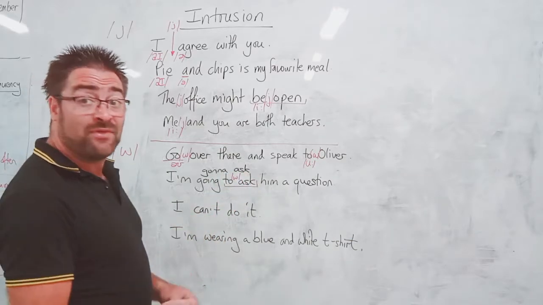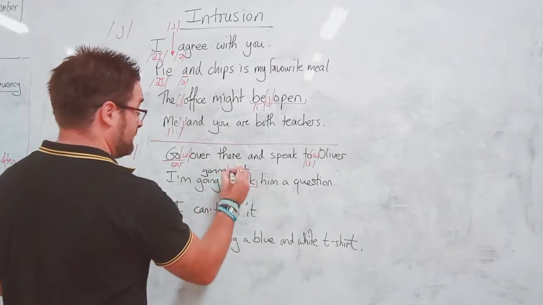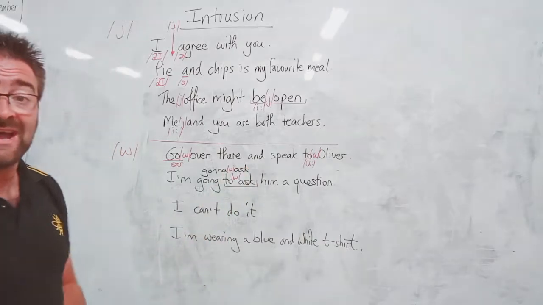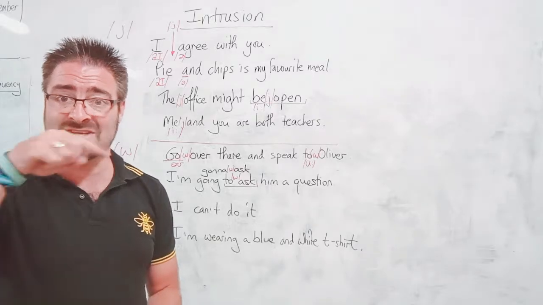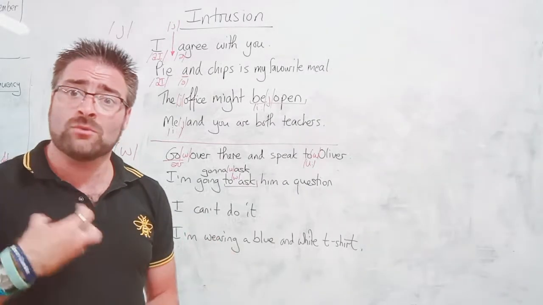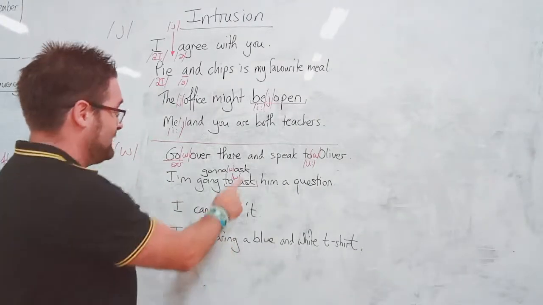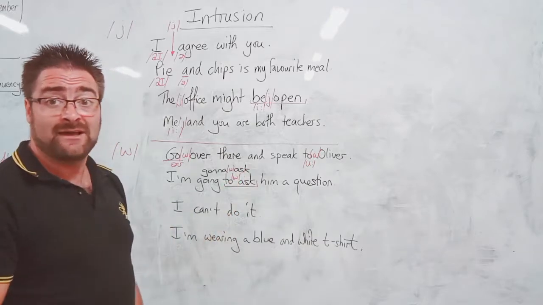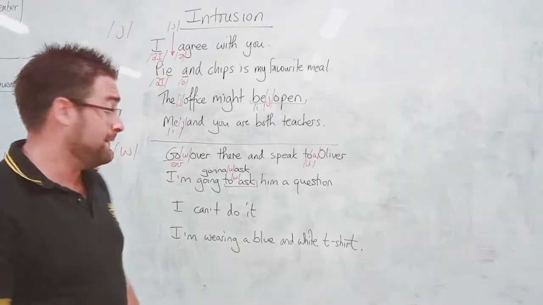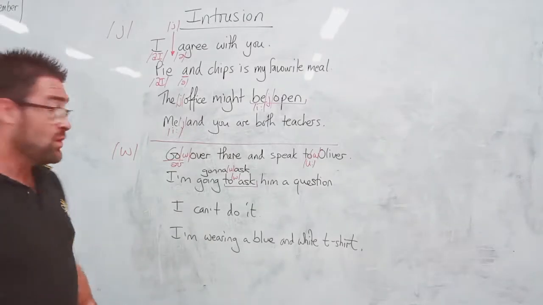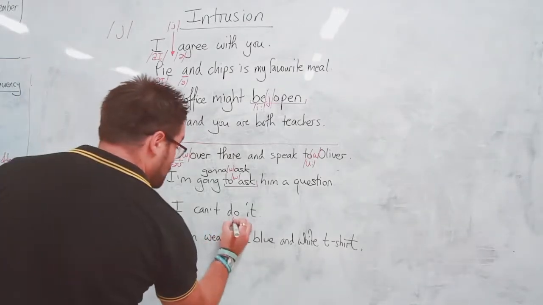Well, it will be the same thing. Gonna ask becomes gonna-w-ask. It's almost like you're adding the W to this word. I'm gonna ask him a question. I'm going to ask him a question. The W is there.